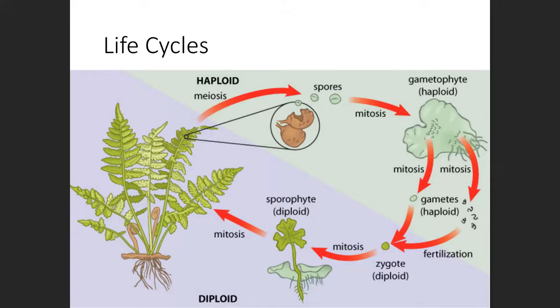I would see genetic variation occurring in the production of the sex cells here. But I would not see genetic variation in the production of these sex cells here, because these are products of mitosis. Whereas in the diploid part, they are products of meiosis, and that's where we see variation.